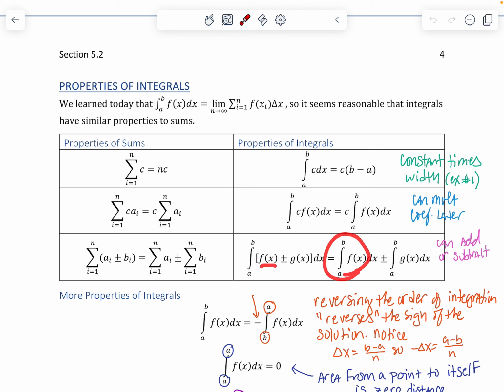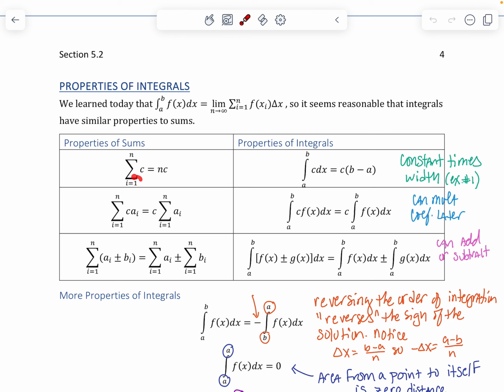You can have just the integral of f of x dx, and then you can have just the integral of g of x dx. I don't feel comfortable when people refer to it as distributing because this is not necessarily thought of as an operator in that way, even though it is an operation, but we usually just talk about adding and subtracting integrals.